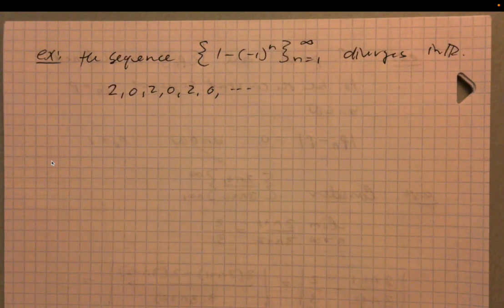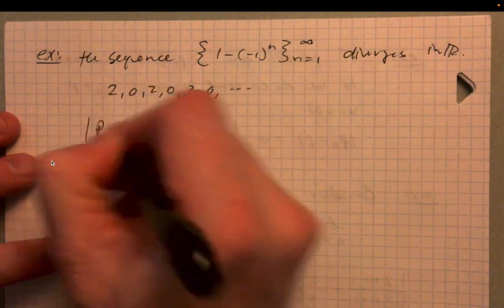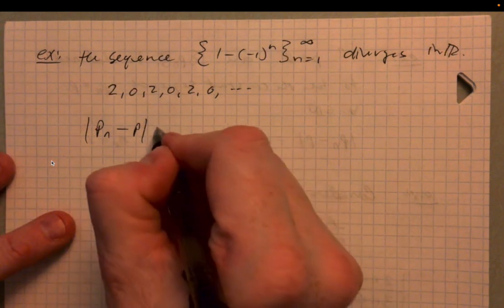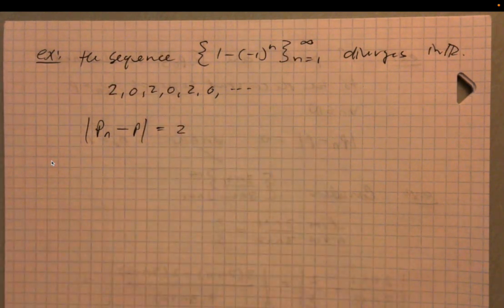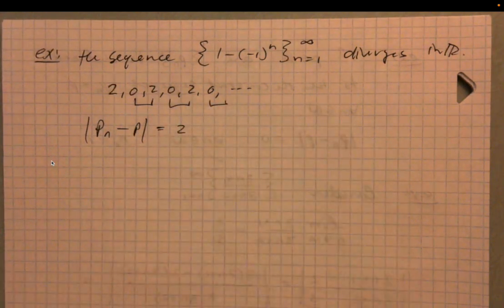Right, so I mean, you could say on the surface there's no way this converges, of course. It's clear. But how can we see that it doesn't converge using the definition? Well, think about p sub n minus p. The distance between any two consecutive items is always equal to 2.